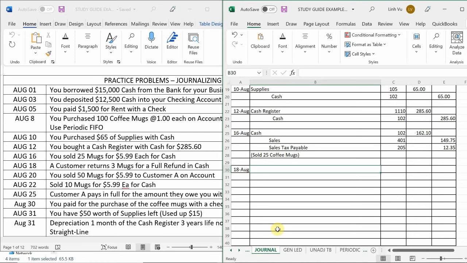Would that just be sales returns and allowances and cash? Yes, cash. Now, there's one more thing that we have to include: sales tax payable. Because we charged them tax, we have to give them back tax.